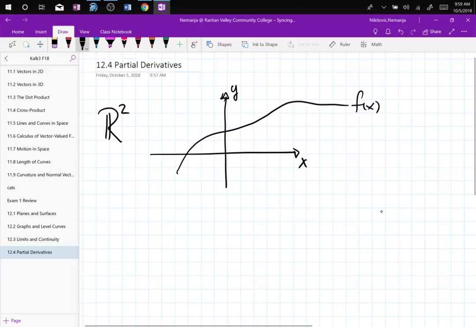We understand that there is a tangent line at point A, which measures the instantaneous change at that point.